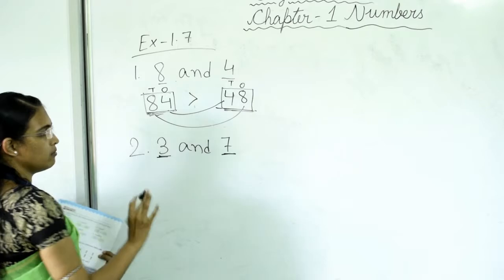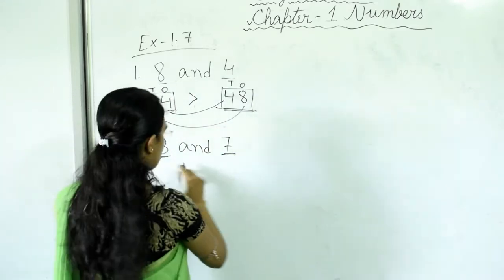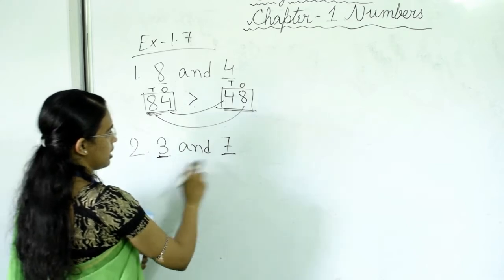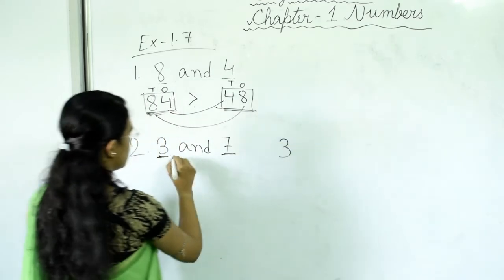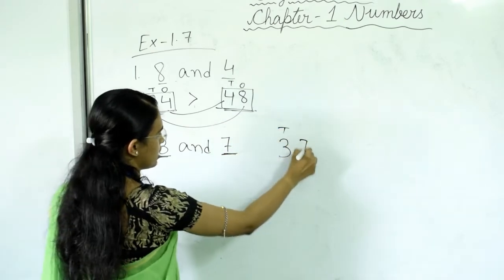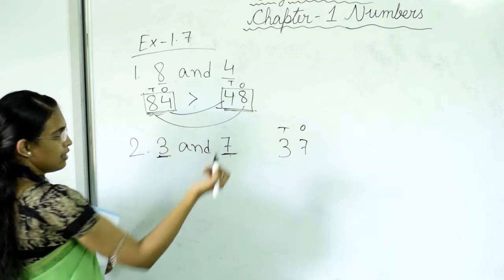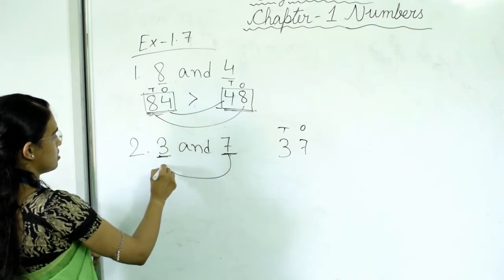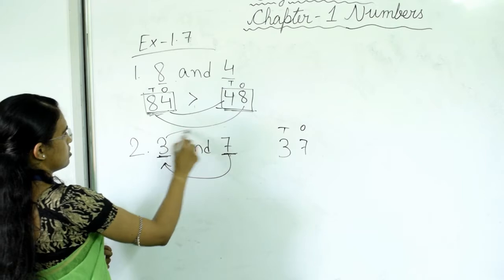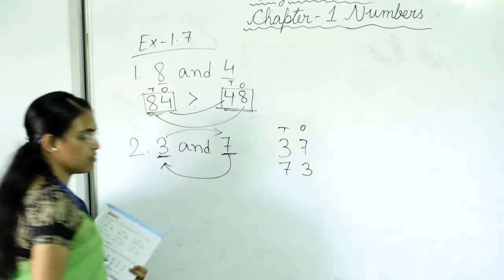Now we have to form two-digit numbers by interchanging their position. First we will write the numbers as they are written here, that is 3. We have written 3 in tens place and 7 in ones place. Now what we have to do, we have to interchange their place. That means 7 in tens place and 3 in ones place, right?